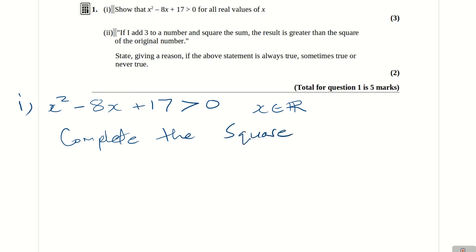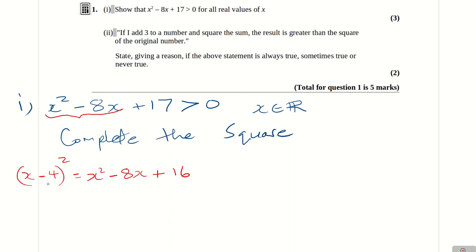Now what this means is we start off by looking at this first part here, this x squared minus 8. Now what you have to realise is that if we halve the minus 8, so it's minus 4, and then square it, we're going to get x squared, and then minus 4x minus another 4x, so minus 8x, and then minus 4 times minus 4, which is plus 16.